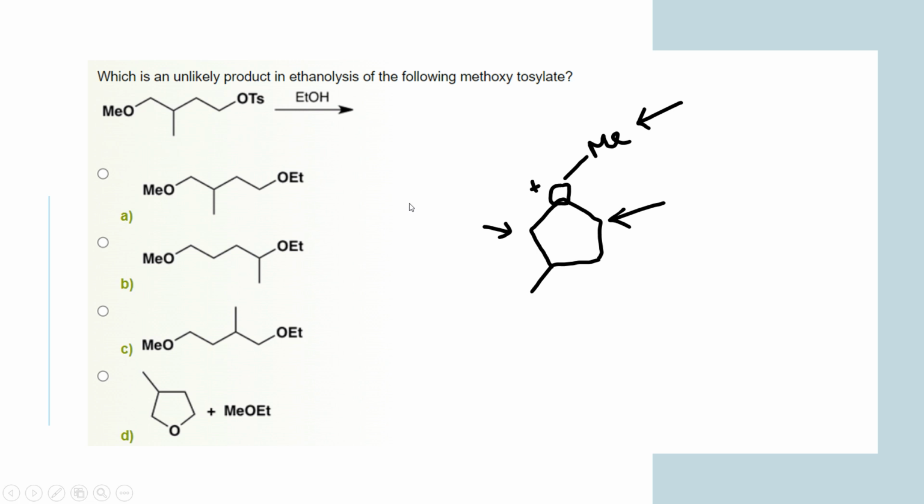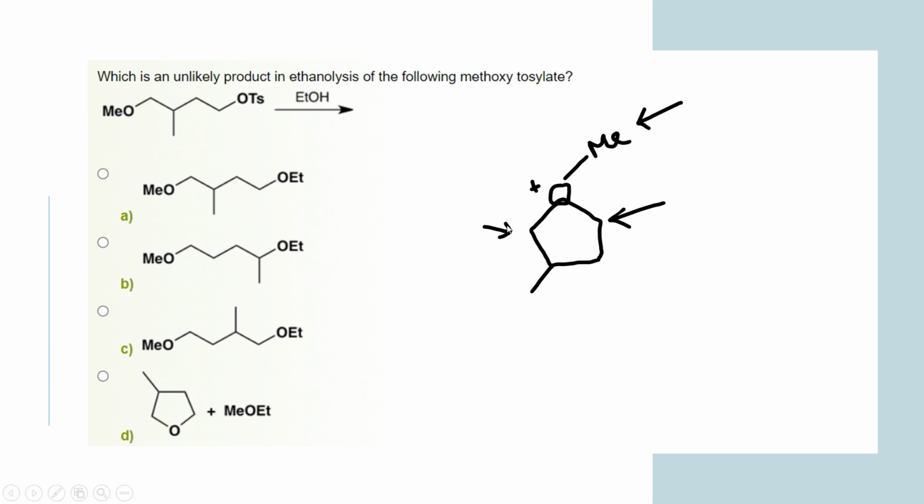But you just have to identify the positions where ethoxide can attack. If ethoxide attacks at this first possibility, you will have a product which is option C. You can write down the product.